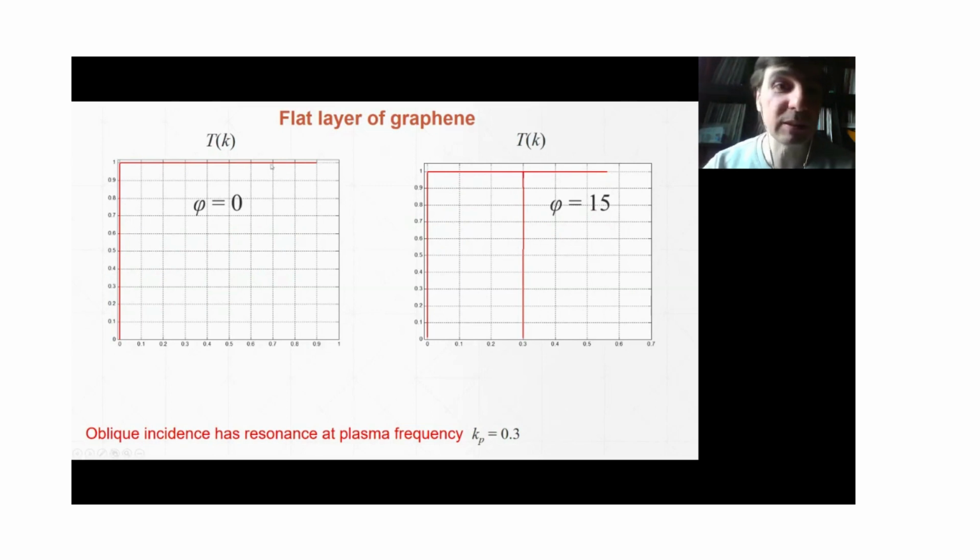For normal incidence, transmission is always complete, so virtually nothing interesting happens. But when the incidence angle grows to 15 degrees, we observe a very pronounced resonance at plasma frequency 0.3.